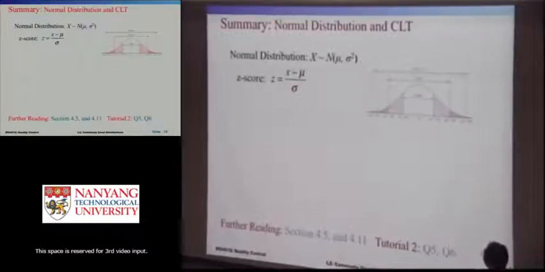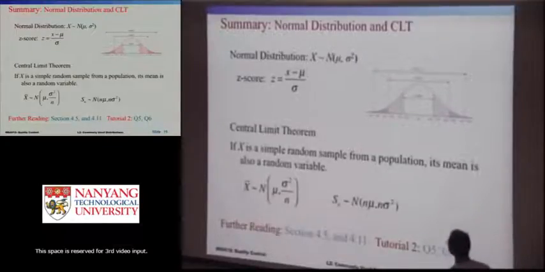So this is a summary for this part, for the normal distribution. The most important thing is the z-score. You need to understand the meaning of the z-score. With it, we convert an arbitrary normal distribution to the standard normal distribution. The standard normal distribution has an average of 0 and a standard deviation of 1.